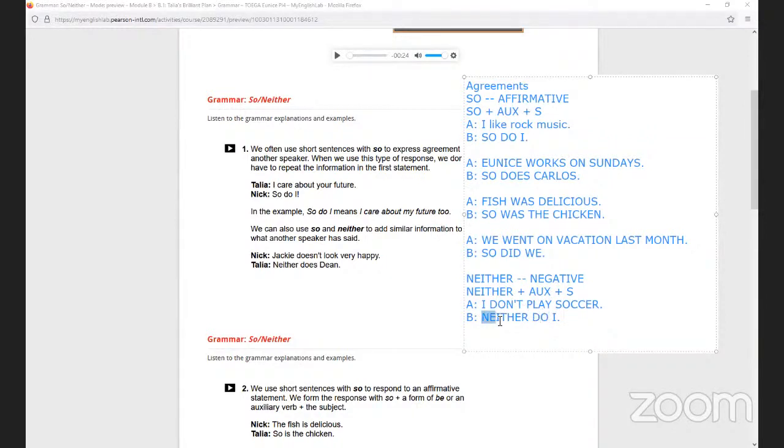And I will use the auxiliary in affirmative, not in negative. Why? Because neither is a negative word. So, "I don't play soccer." "Neither do I." For negatives. For example, another: "She can't cook well." "Neither can they."